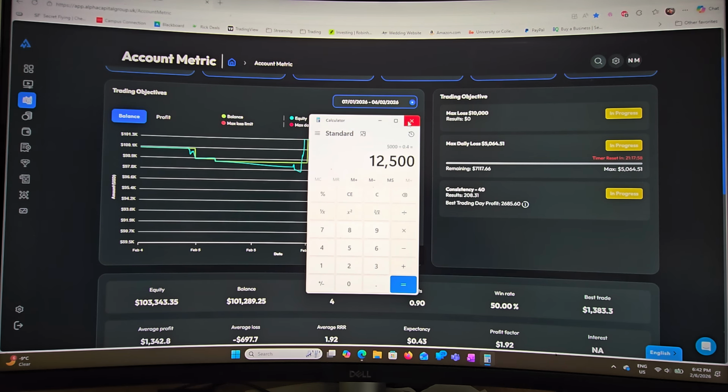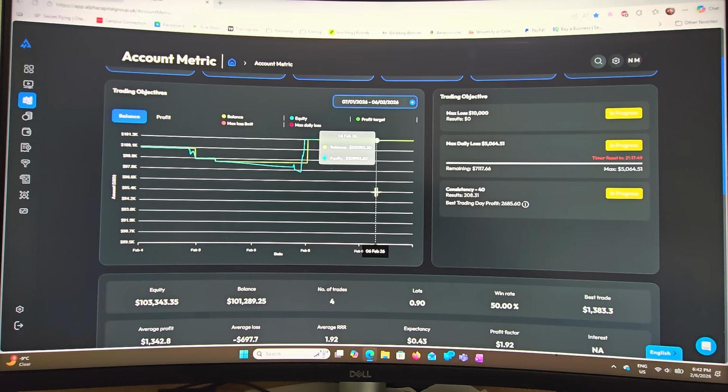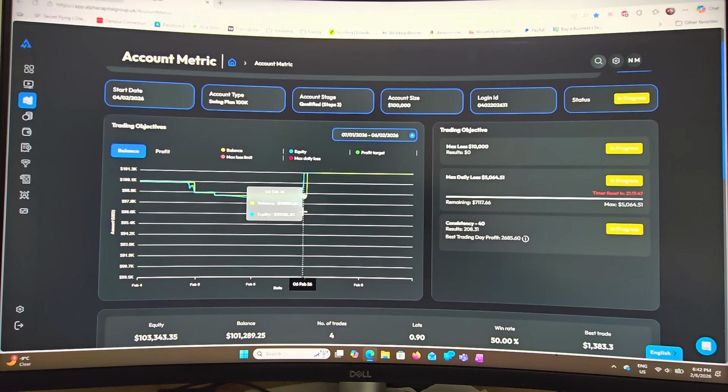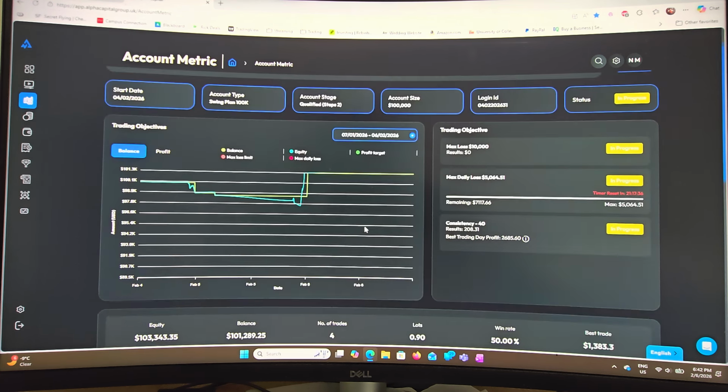So that is an effect of the consistency rule, which I do not mind. We did suffer some drawdown here, but now we're $3,000 in profits. So we would need $13,000 in order to request a withdrawal, and I'm fine with that.